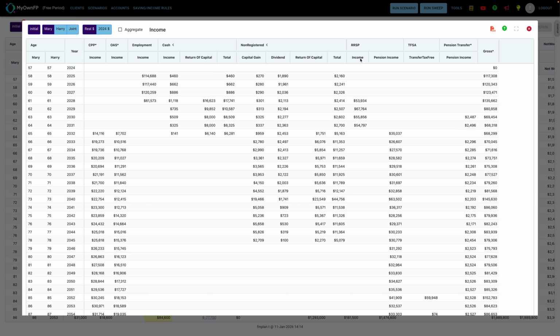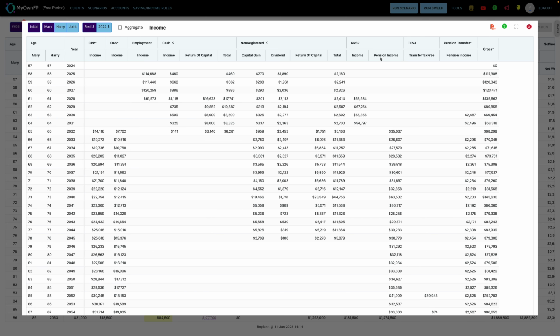Your RRSP, we split our RRSP into income and pension income. Income is before 65. Pension income is after 65. If it was a defined benefit pension plan here, you would have pension income all the way along, even before 65. So if we look at additional income rule 3, which says pull money from my RRSP or RIF, we took $53,000 out of our RIF that year.